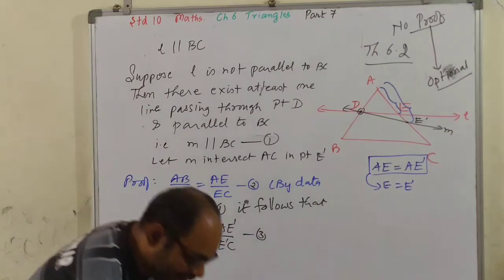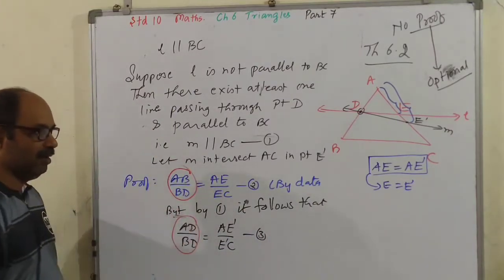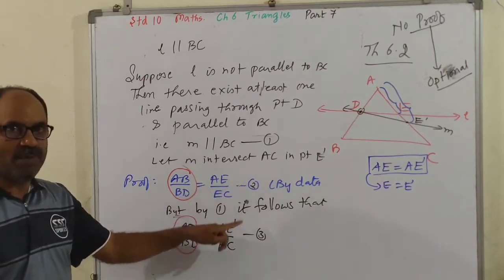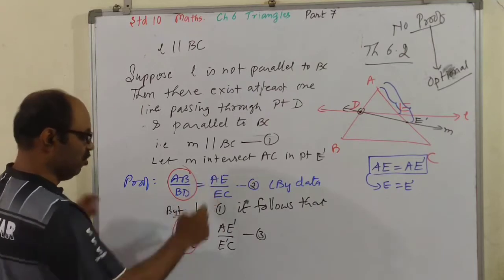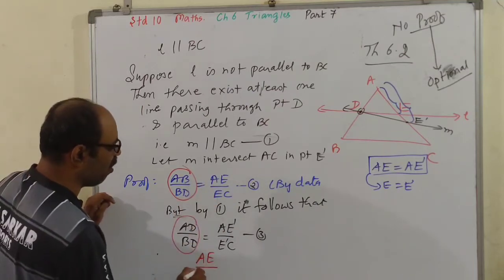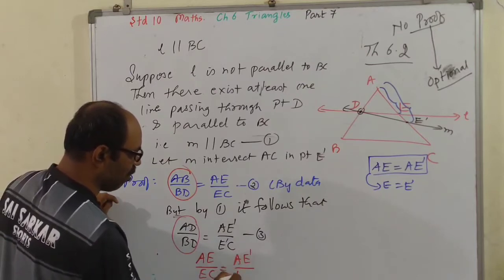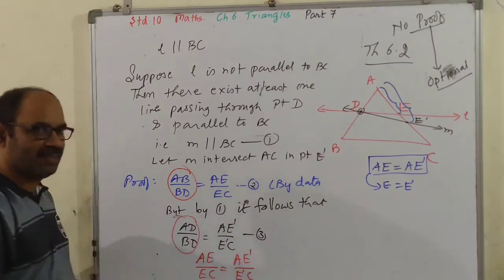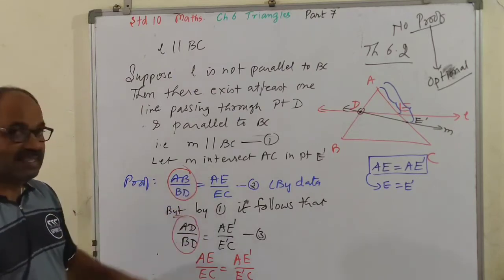Now you look at the left hand side of these two results. AB upon BD, AB upon BD. So using Euclid's property in 2 and 3, you can say AE upon EC is equal to AE dash upon E dash C. Left hand sides are equal, so right hand sides are equal.